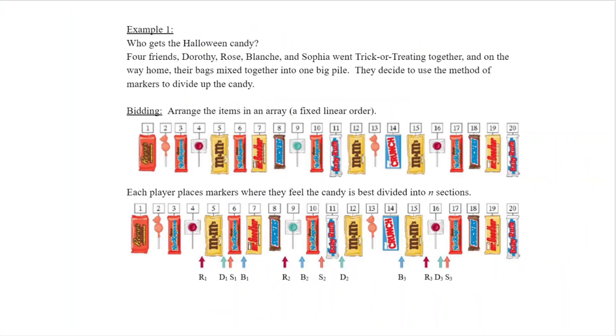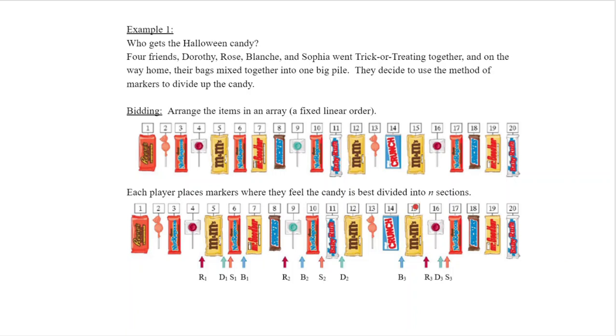So let's start here. We have 4 friends, Dorothy, Rose, Blanche, and Sophia, who went trick-or-treating. And then when they got home, they dumped out all of their candy into one big pile, and they're trying to divide up all of the candy. So for the first step, for bidding, they put out all of the items in a random order.